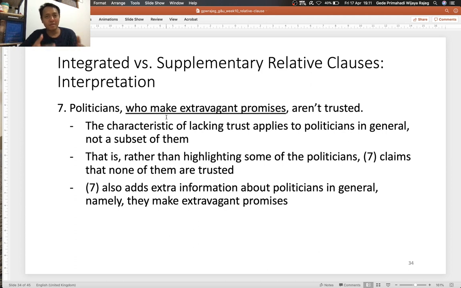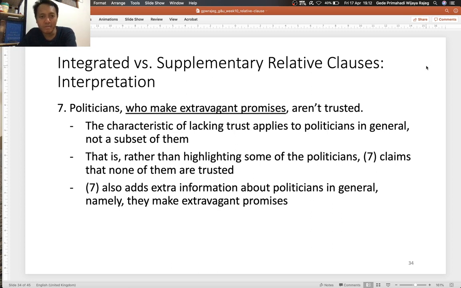So if you can see the difference between example 6 and 7, they differ in meaning. Example 6 refers to only certain politicians that are not trusted because they like making extravagant promises. Meanwhile, in 7, every single politician is not trusted in general, and they like making extravagant promises.